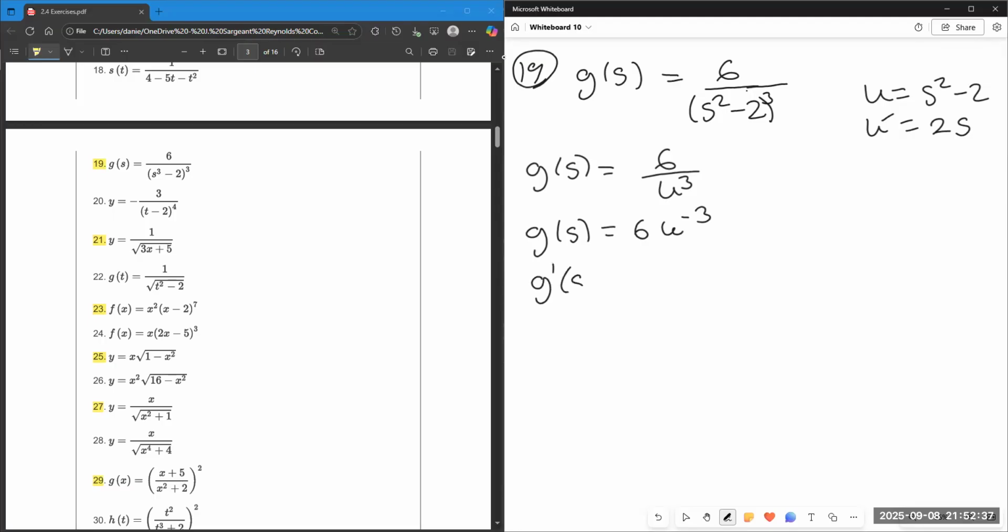g prime of s will be negative 18 u to the negative fourth times u prime. g prime of s will be negative 18 u prime over u to the fourth power.